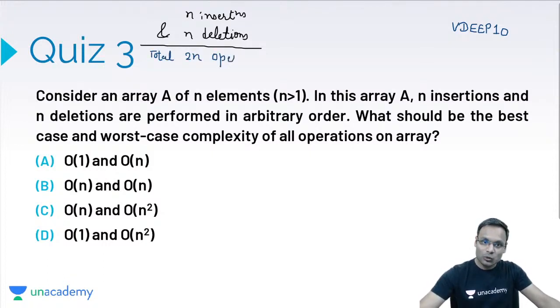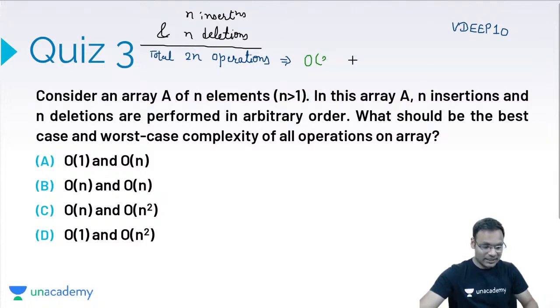If each takes constant time, the total time is constant plus constant plus constant, 2n times, so the complexity becomes big O of 2n, which is nothing but big O of n in the best case.